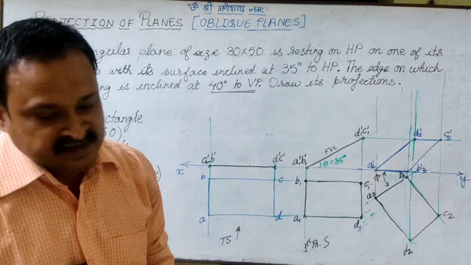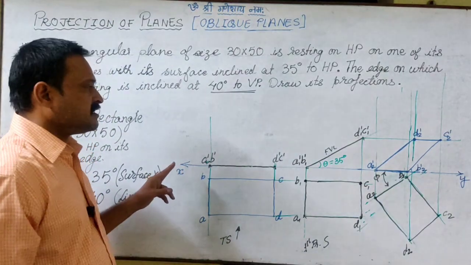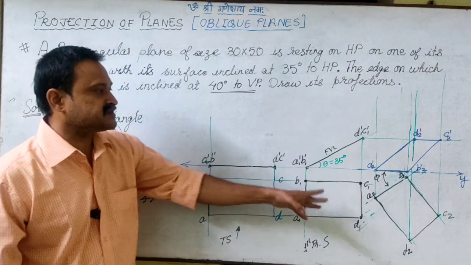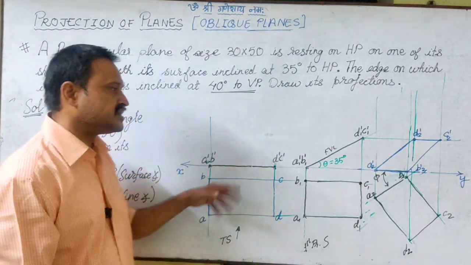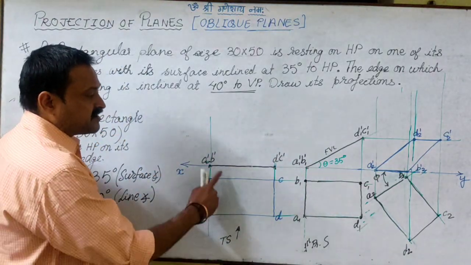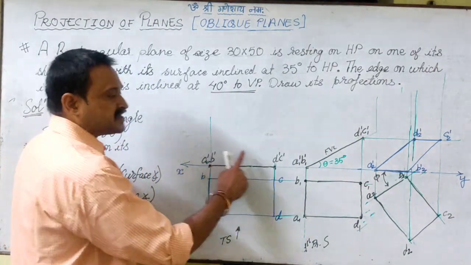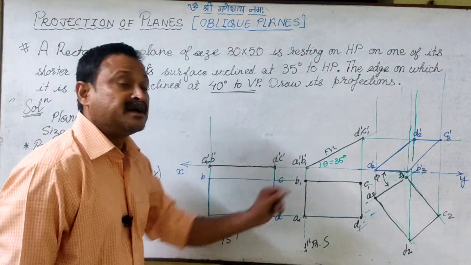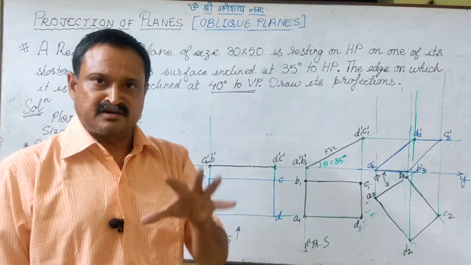Now one thing you need to be careful about when you are drawing: you must draw all the projectors and loci faint. They are construction lines, so they need to be drawn lighter, right? And wherever you are marking the trace and the shapes, the true shape trace, projected shape trace and projected shape, when you are drawing these they need to be prominent or darker.